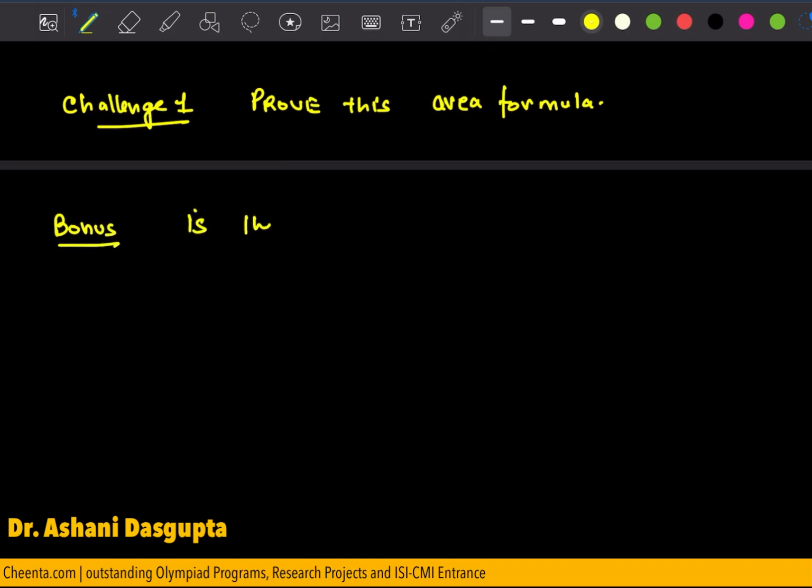Is there a similar formula for a rhombus? If you can find it, then you can put it in the comment section.